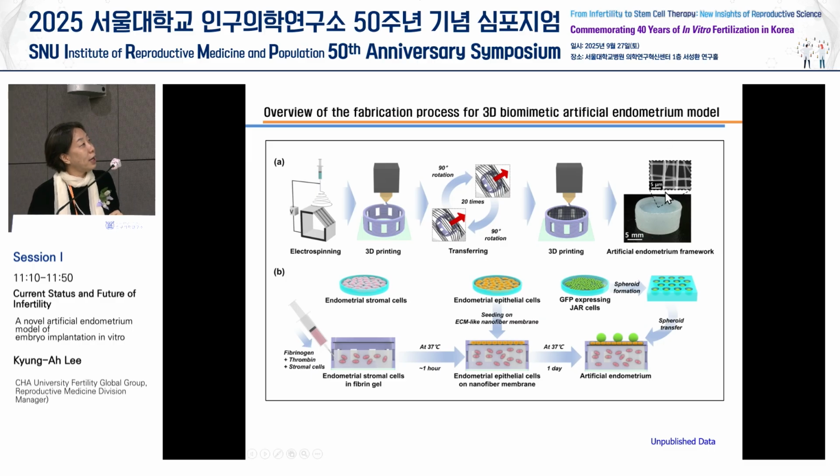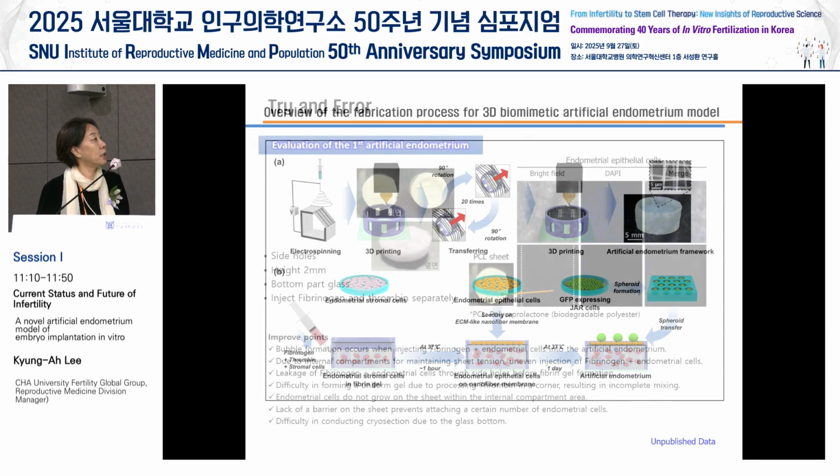He tried many concentrations of the biomaterials, and finally succeeded in making a mesh as a basement membrane structure. Then we added stromal cells below the mesh and attached the epithelial cells above the basement membrane structure. Then JAR cells were added to study the cell-cell communication.